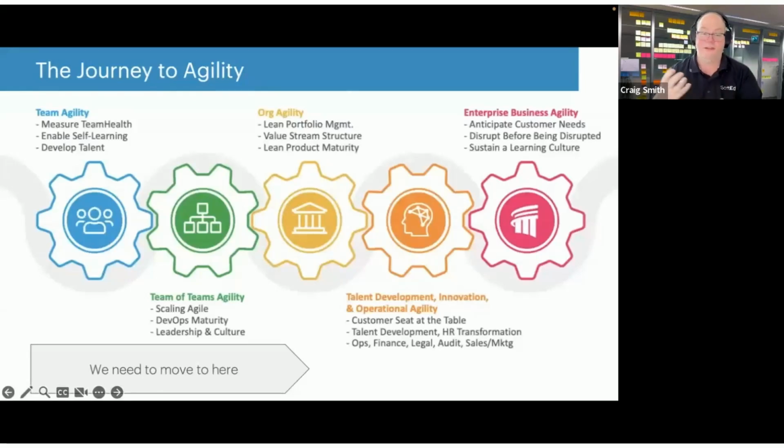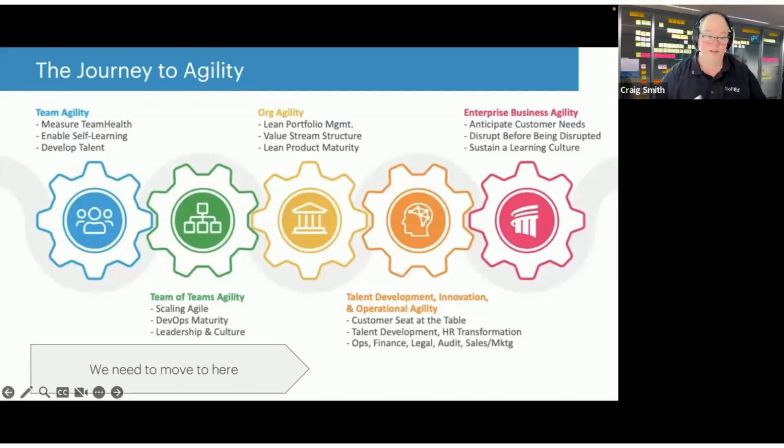Through this whole presentation, to be honest with you, there's nothing new in here. As I said right at the start, it's how do we take the things we've learned at a team level, which we've done pretty well for a long time? Again, your mileage will vary, but it's well known. We haven't been terribly good at elevating them to the next level because we start to hit a whole bunch of other brick walls like finance, legal, procurement, HR, all of those areas, because we haven't been doing true business agility.